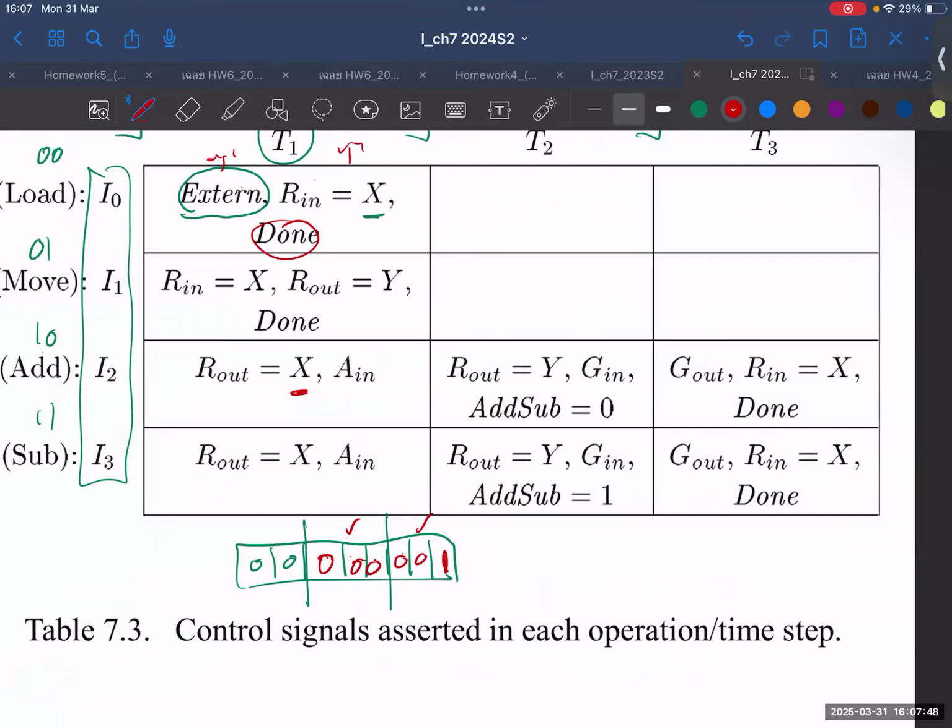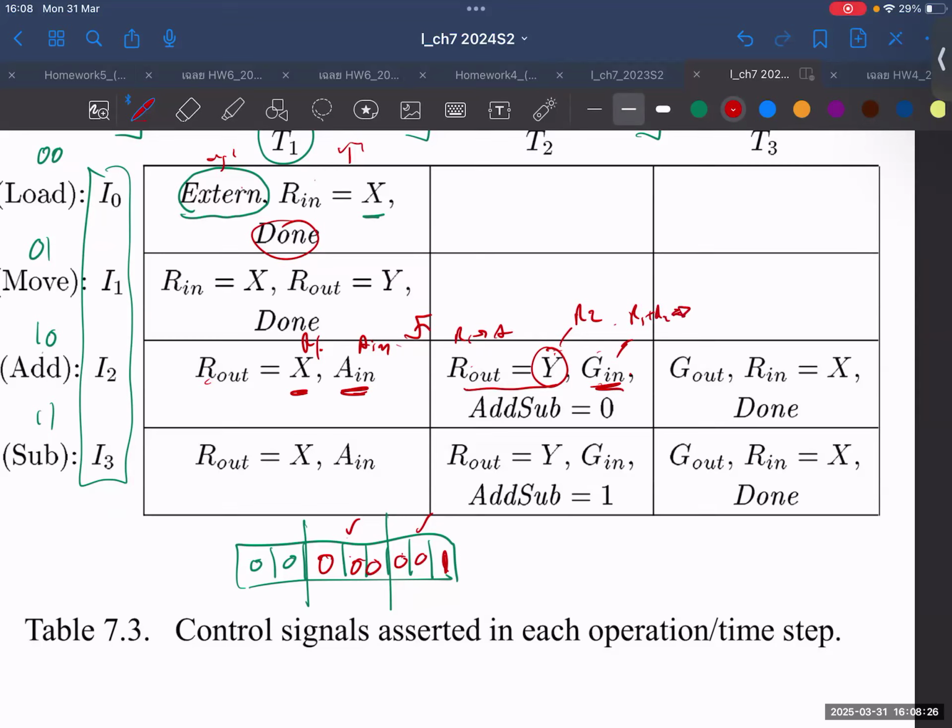First, you see that X is any, for example, like R1, right? You release R1 and activate A in. So when the clock comes, R1 will go into A. So now R1 is in A already. Okay. And then you release B, right? This is B, so it's R2. And G in. So you want R1 plus R2 already, right?